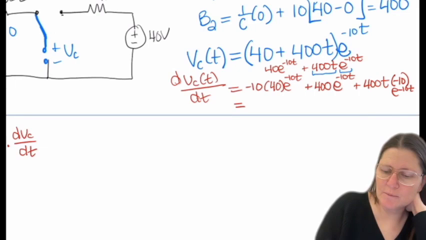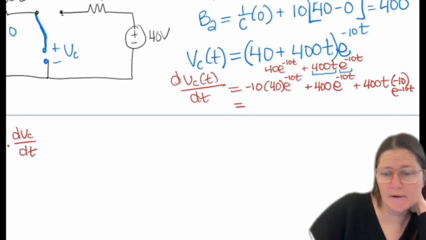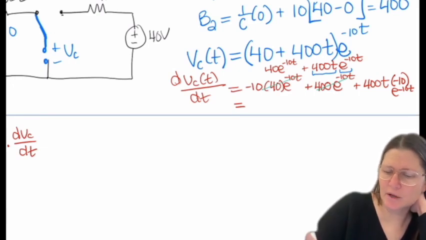Note the minus 10 times 40 is going to give me a minus 400, so that's going to cancel with this one, and I'm just left with a term.